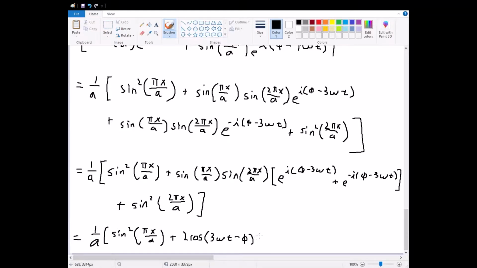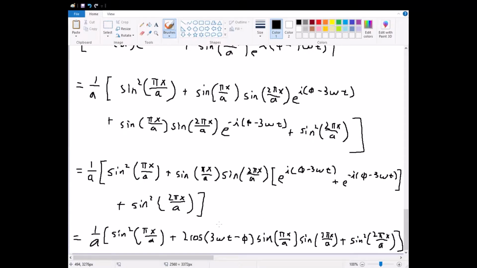And then we're going to have sine of pi x over a times sine of 2 pi x over a plus, finally, sine squared of 2 pi x over a. This is getting very messy, and I apologize for that.